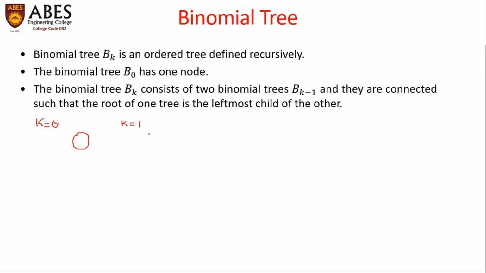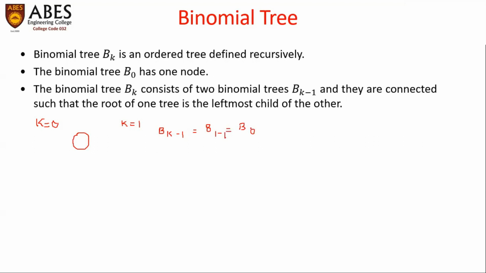So we'll take some examples. If the value of k is 1, then we have two binomial trees of the order Bk minus 1. Substituting k equal to 1, Bk minus 1 becomes B1 minus 1, which is B0.